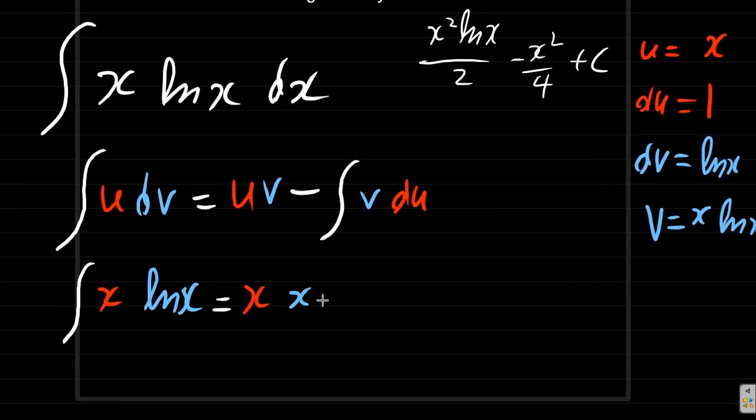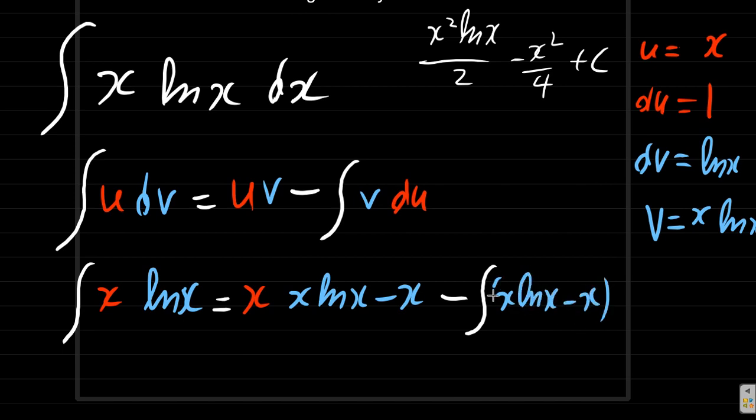So it's x ln x minus x. We'll not use a constant of integration here until we finish. That minus the integral of v, and v is x ln x minus x, du is 1.